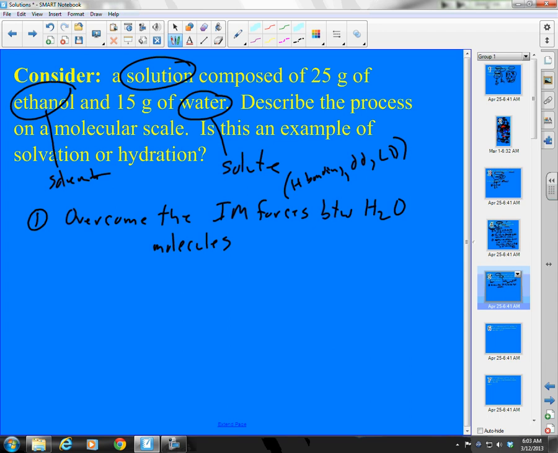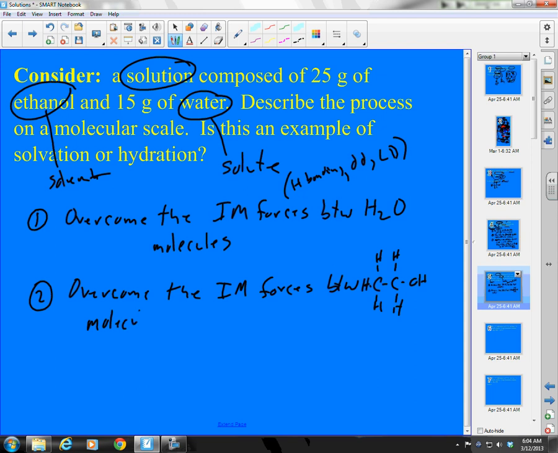Good. Number two, we are going to overcome the IM forces, or attractive forces, between my ethanol molecules. By the way, what are those forces here? Well, I'm going to have London, of course.